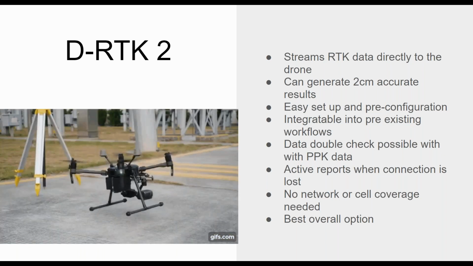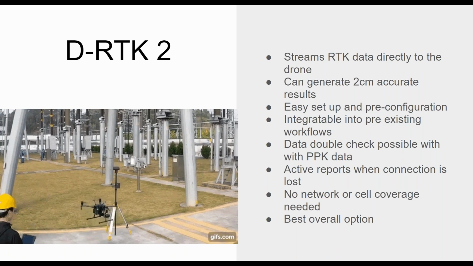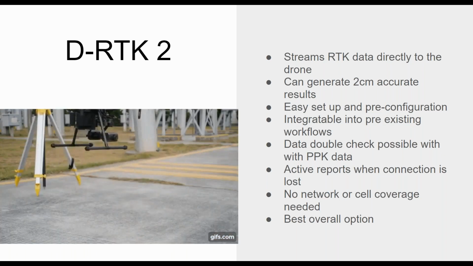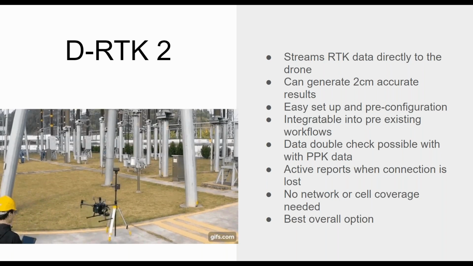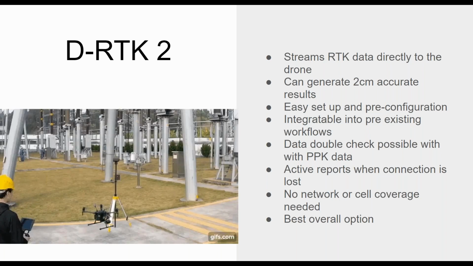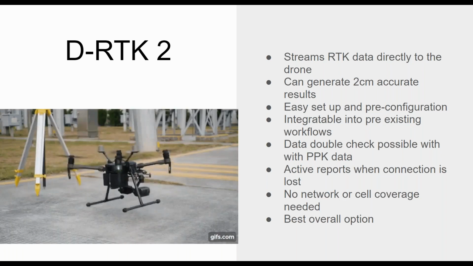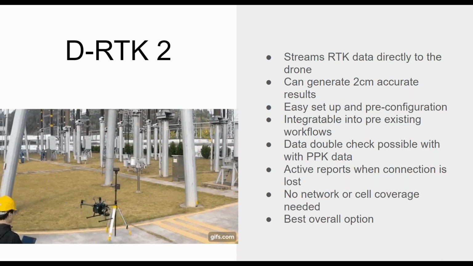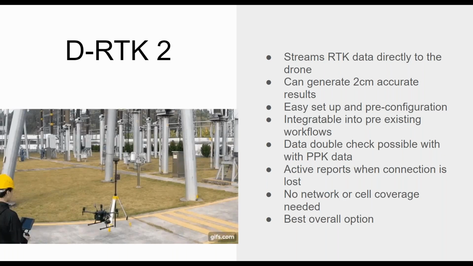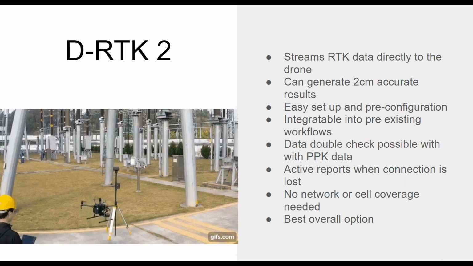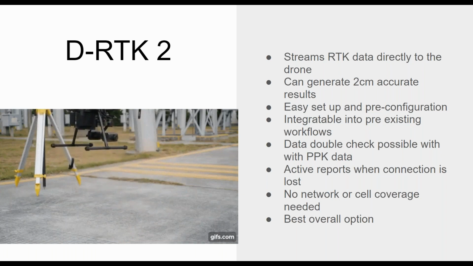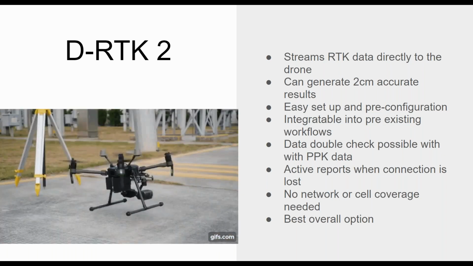If there was a failure, which doesn't happen very often, because the D-RTK2 was made by DJI, it is communicating with a DJI drone, and if you're using a DJI payload, because of the seamless connection, your drone will notify you as soon as you drop RTK data. This is something that isn't found in any of the other methods.